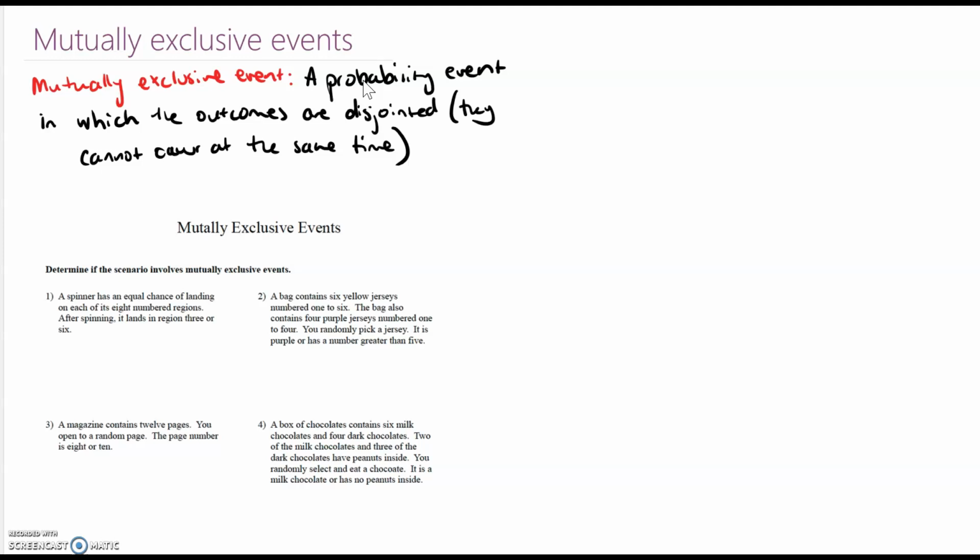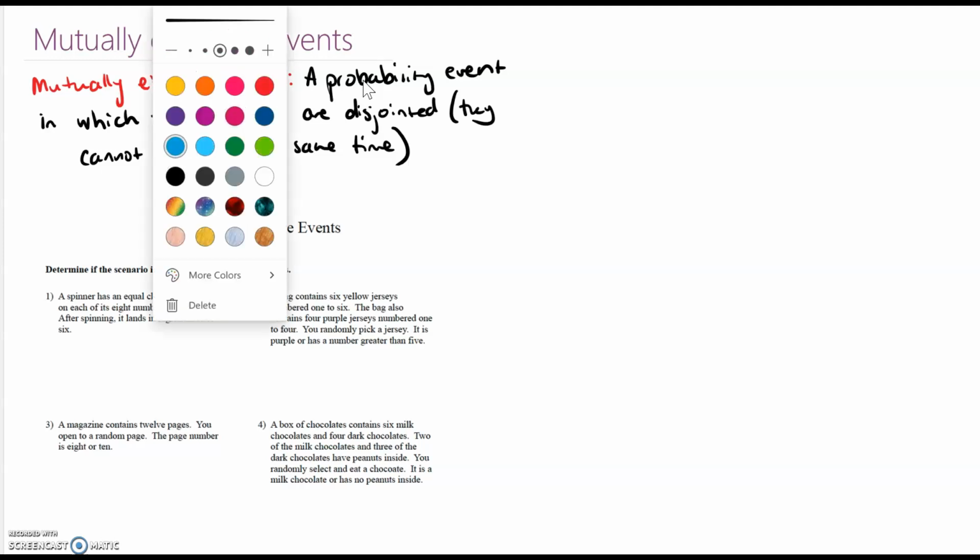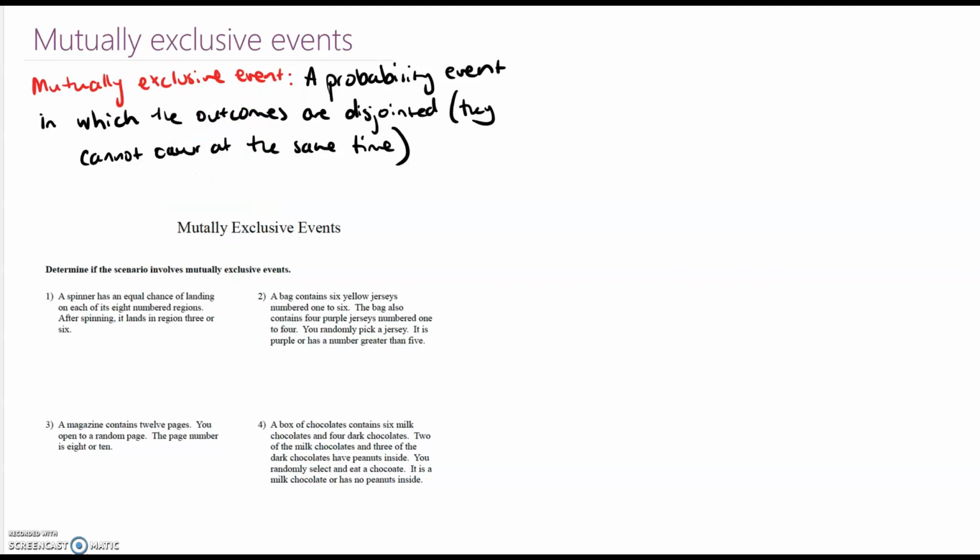And the scenario I'm going to give you to start off with is, say we have a deck of cards. In our deck of cards, there's 52 cards, 4 suits, hearts, clubs, spades, and diamonds. So as per normal. Our first scenario is that we're looking at picking out a heart.